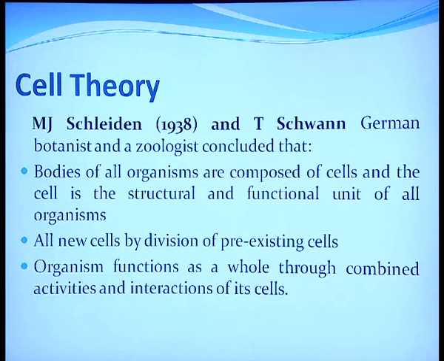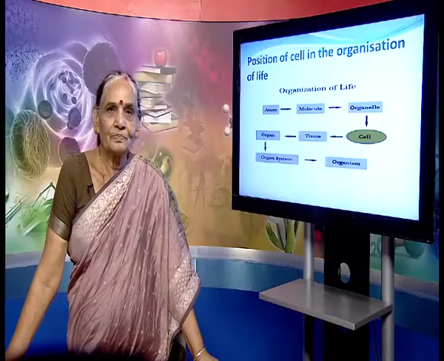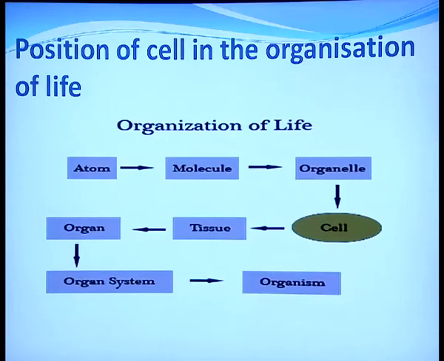Now, having learnt a little about the discovery of the cell and the cell theory, here on your monitor is a very simple diagram, the same thing depicted in another way when we were doing biodiversity. Here you can see the position of the cell in the organization of life.